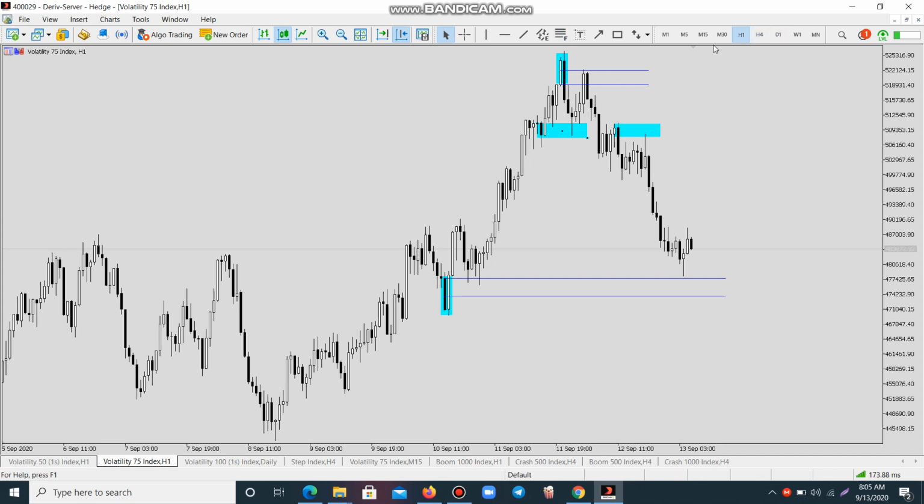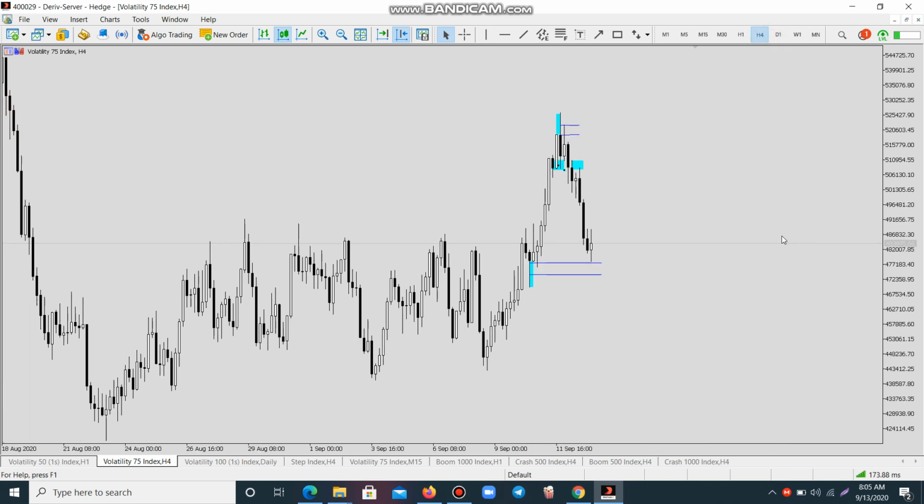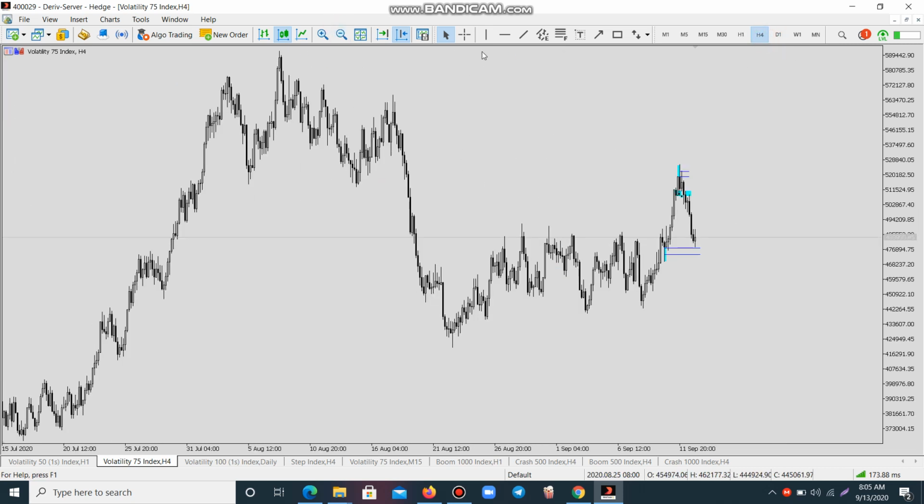Then what we expected on the distribution, if you check, I think on H4, let me show you guys on H4. On H4, we've got this strong area here, the one that is here, that the market has to return and test before any drop. But at the same time, if we check properly, we've got an accumulation that was happening here.